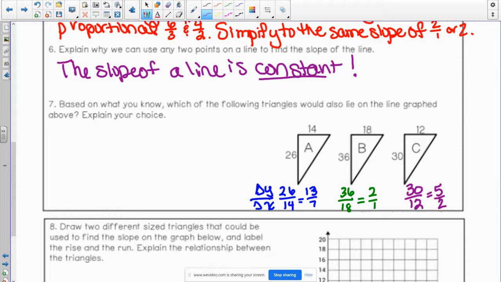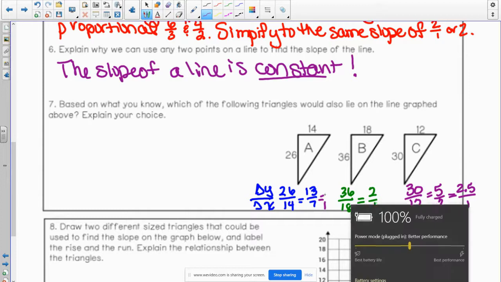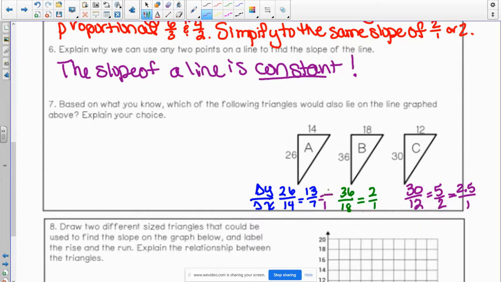We could actually take that down to prove it into a unit rate of 2.5 over 1, which is not 2. 13 sevenths, if I want to make that over 1, 13 divided by 7 is approximately 1.86.